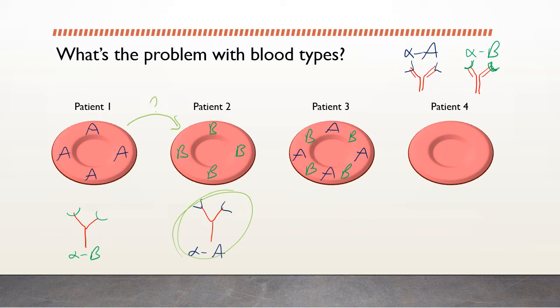So it can also be a potentially fatal problem. So ultimately, we don't want to do this. We don't want to give a patient who has a particular antibody the blood with the antigen that antibody is against. Okay.